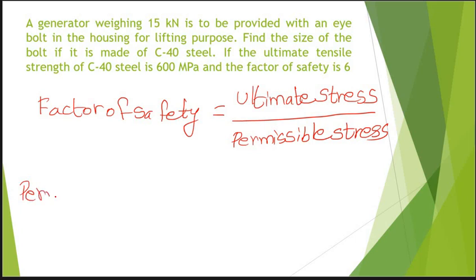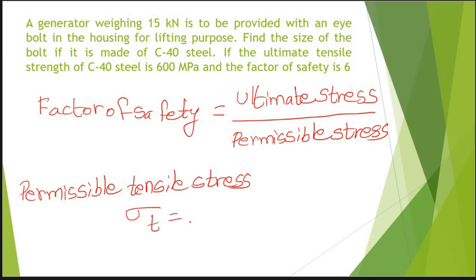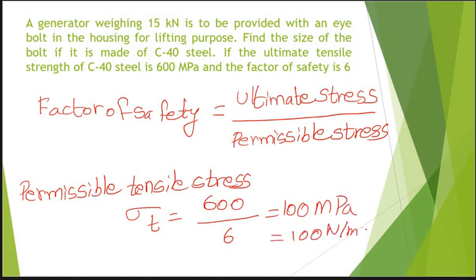So permissible tensile stress, sigma T, is equal to ultimate stress 600 megapascal divided by factor of safety 6, which is equal to 100 megapascal or 100 Newton per mm square.